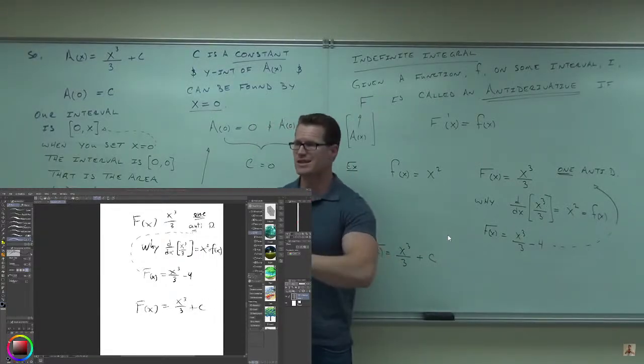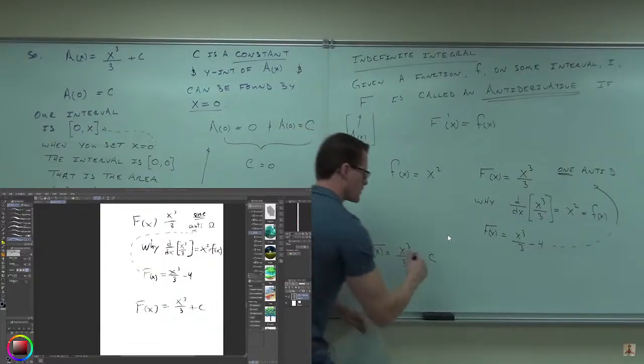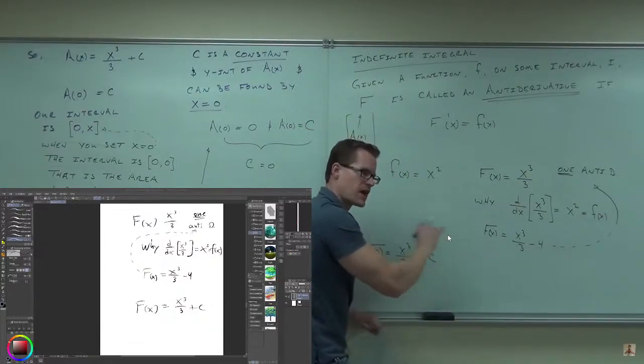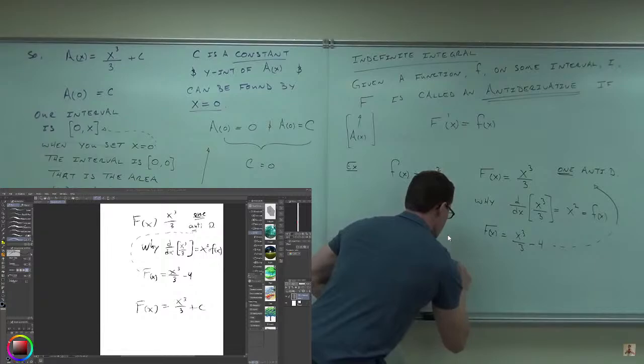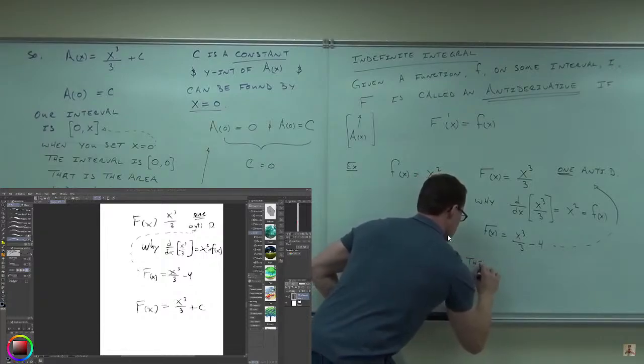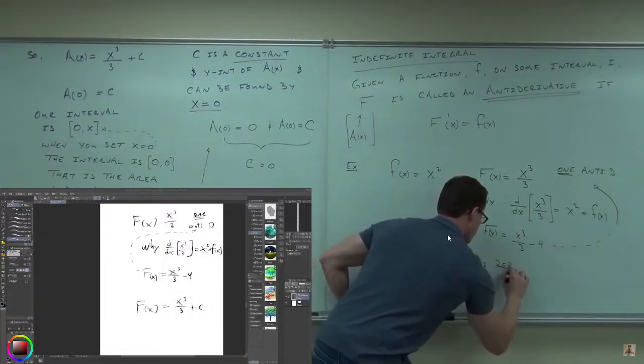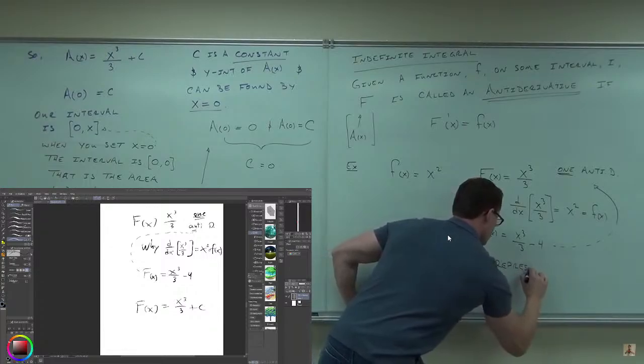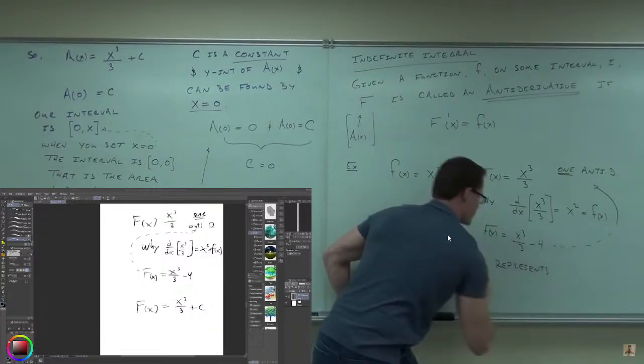I can't have any other x's because that would alter the derivative. But constants don't, because when you take a derivative of a constant, it gives you 0. So this right here is all antiderivatives, the family of all antiderivatives. And then there's also the integral. I'll talk about that next time.